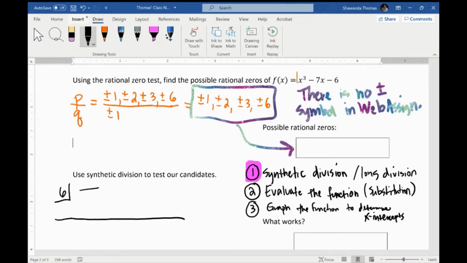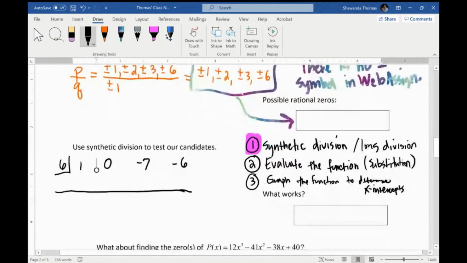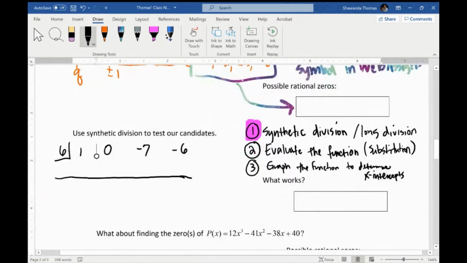What should go up here? 1, 0, -7, and -6. Let's try it. I might erase, so y'all might have to write this down because we don't know if it works. We'll see.